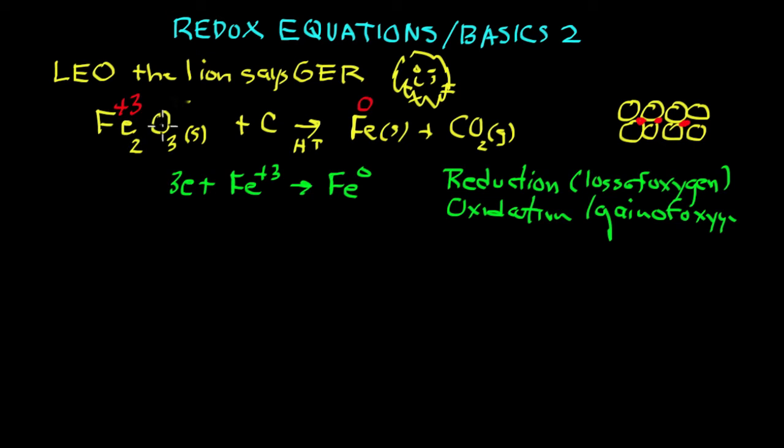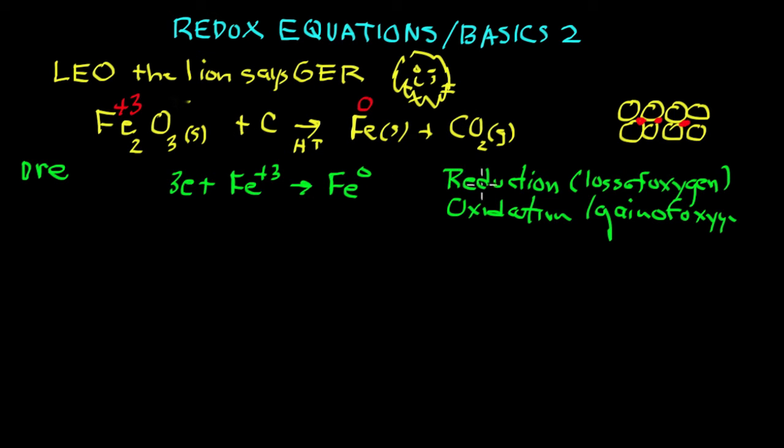And notice I said iron ore. Ore is a mineral that can be mined for profit, a metal out of it. The ore is reduced to iron. The oxygen is taken out, whereas the carbon has gained oxygen. So that's oxidation. But that's a very old-fashioned definition.